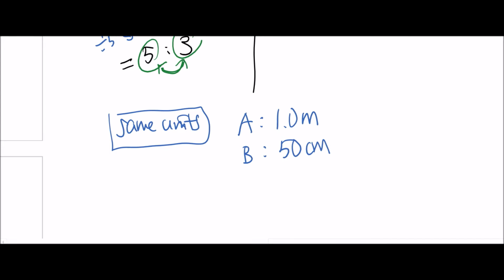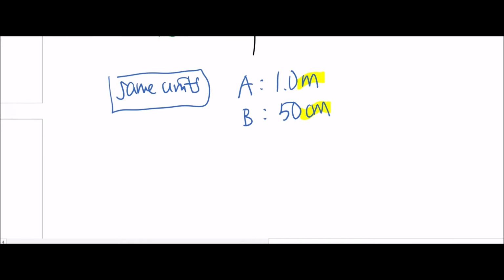Notice that the units are completely different. One is in meters, one is in cm, even though both are length quantities. I should use an equal sign, if not, you would think that is a ratio. Now I want to find the ratio of A is to B.